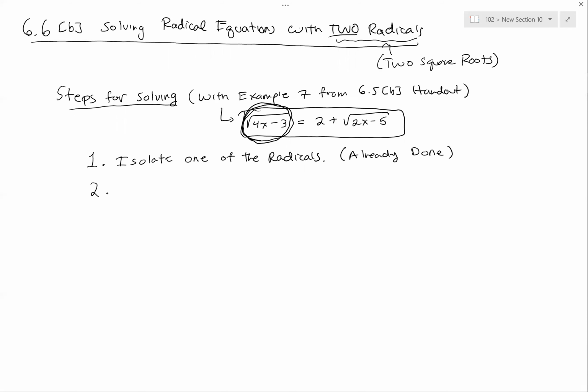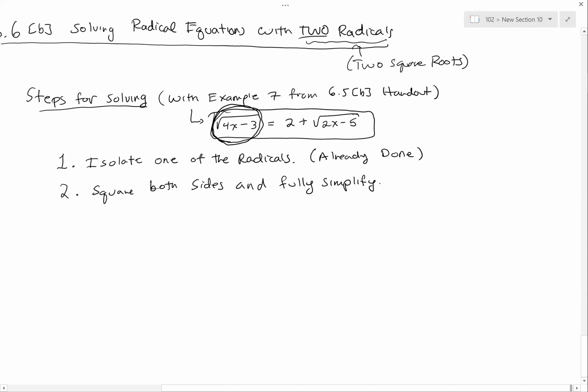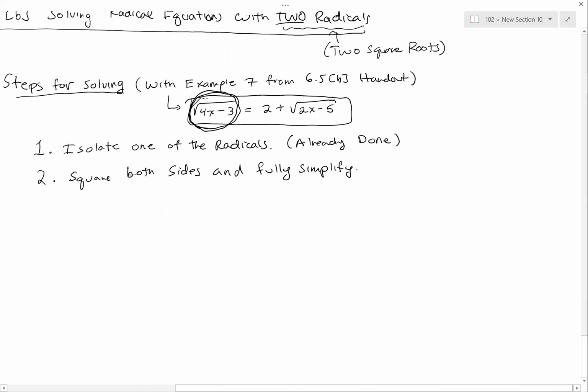And you have to be very careful during this step because it often involves the distribution or foiling of some more complicated expressions. So we want to square both sides and fully simplify. So for this problem, this is going to take a few different steps.